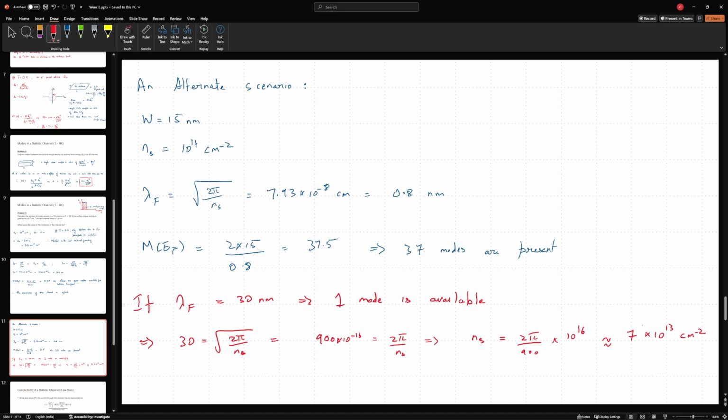But if we had these many electrons, so if we can maybe dope the silicon or do further manipulations, which we shall look at towards the end of the course, or use a different material altogether, then this will give me a target figure as to how many electrons I need to have in my channel so as to facilitate ballistic transport.